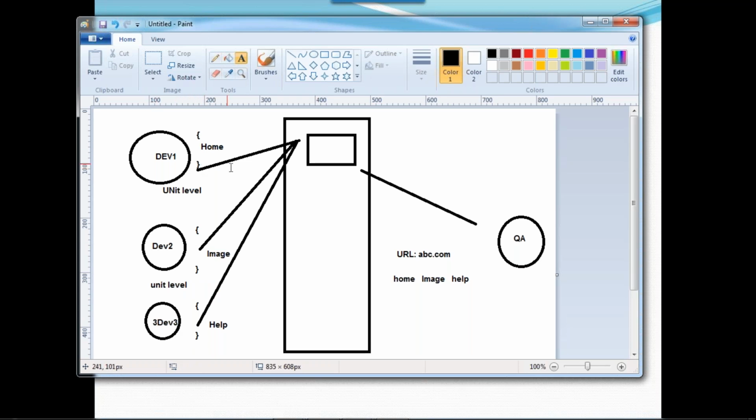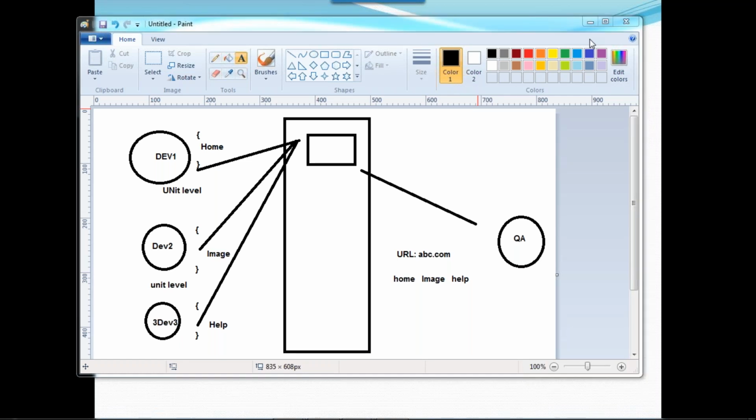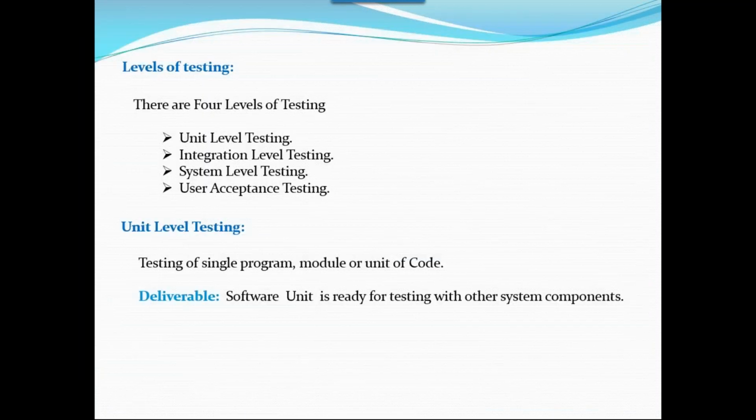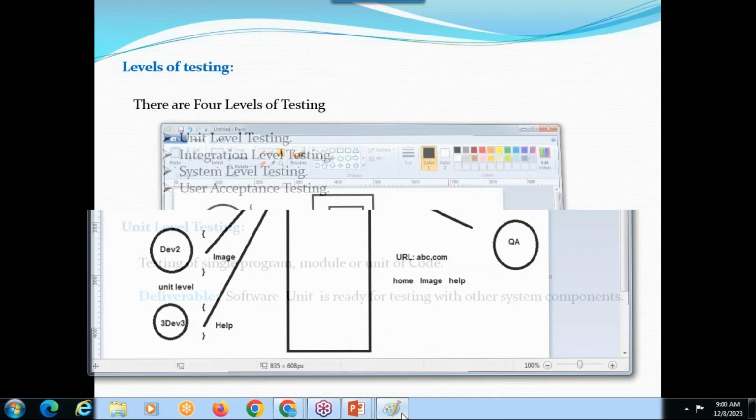Once they've done the unit level testing, they will push the code to the server. Is it clear, guys? Does anybody have any questions here? Is it clear? Clear, sir. Okay, good. Now see what it is saying: the software unit is ready for testing with other system components. My component is ready. We saw that diagram, right? My component is ready.